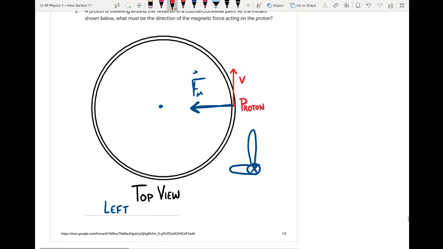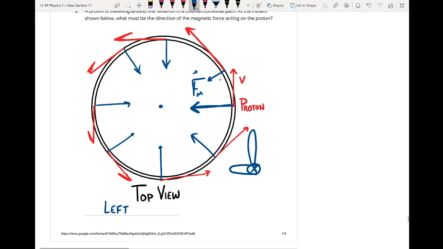Then if we look at this, in every single instance the velocity is tangential to our circular path, and our force, in order to get circular motion, has to point inwards towards the middle of our circle.